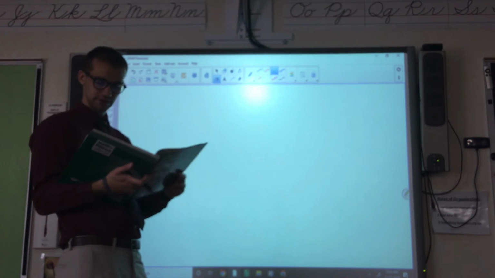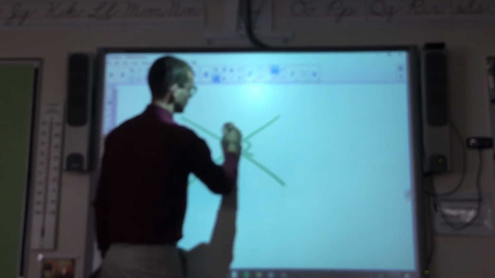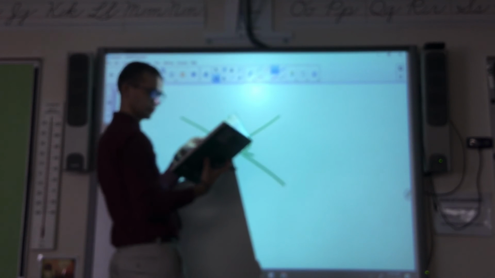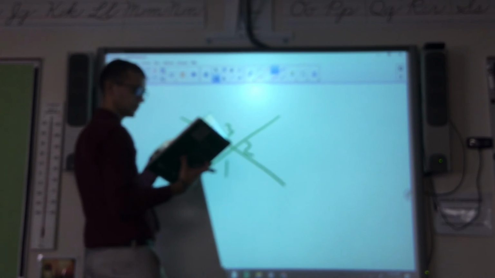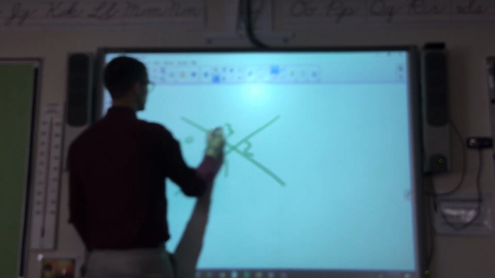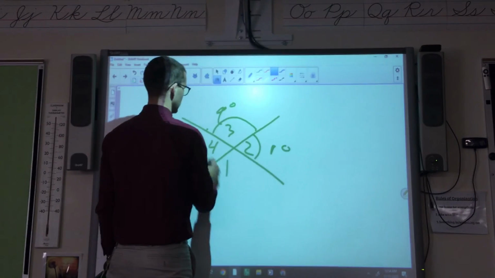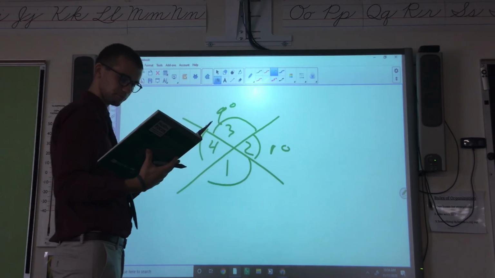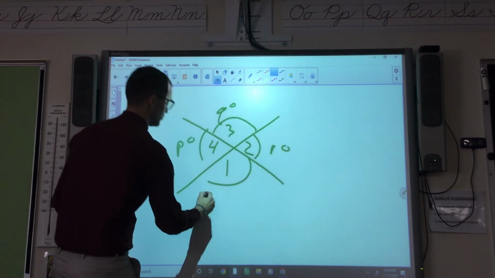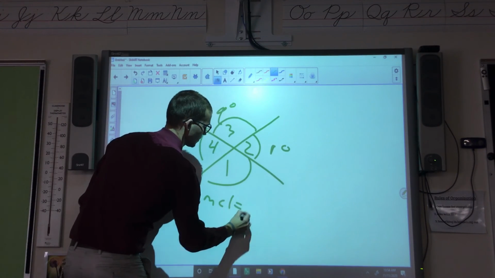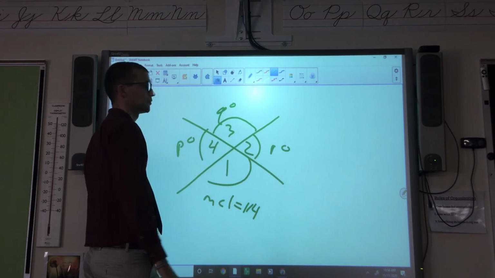So let's do guided practice 6, 1, 2, 3, and 4. I get those right. Yep, and then this is P degrees, Q degrees, R degrees. And they tell us 114. So this is 114, and we also know the other one's 114.